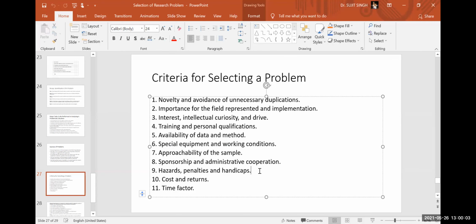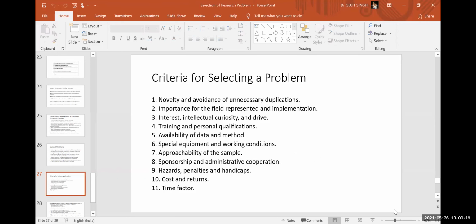Generally, we avoid that when selecting a topic. Cost and return: whatever you invest, and how much return you are going to get. And finally, the time factor. That is the most important one. You have only 1 year to perform your thesis. You have to be sure that within 1 year you can complete that study, right?